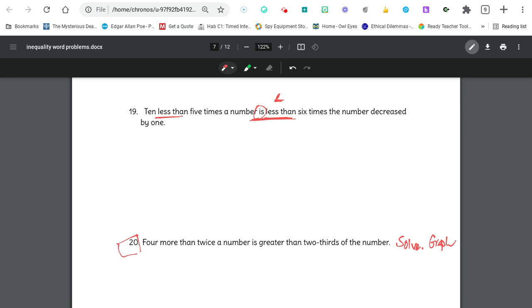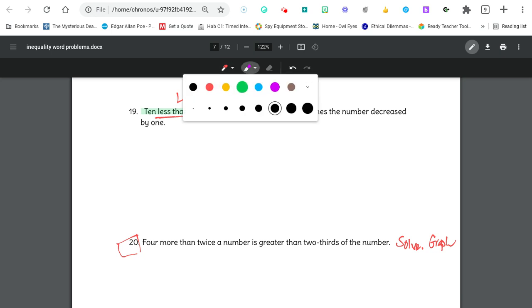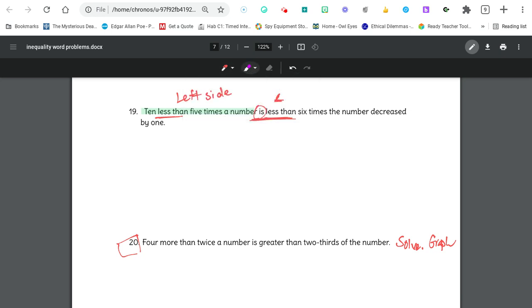All right, so right here, this part is going to represent my left side. And I'm going to do the other color in purple, and this is going to represent my right side. So 10 less than 5 times the number.